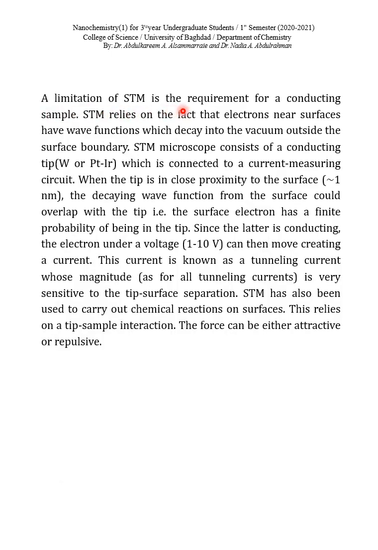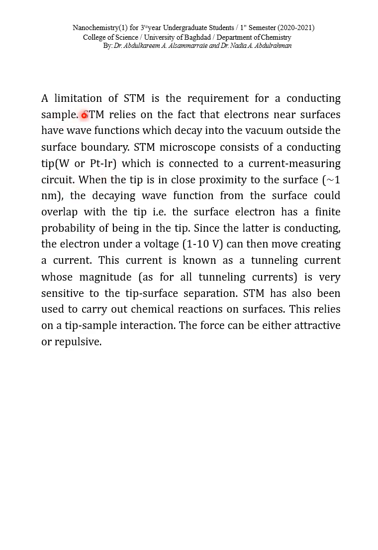The limitation of STM is the requirement for a conducting sample. STM relies on the fact that electrons near surfaces have wave functions which decay into the vacuum outside the surface boundary. The STM microscope consists of a conducting tip, for example tungsten or platinum-iridium, which is connected to a current measuring circuit.